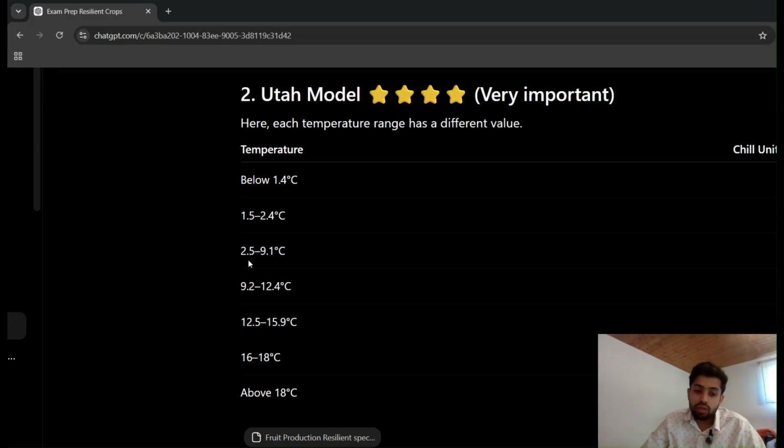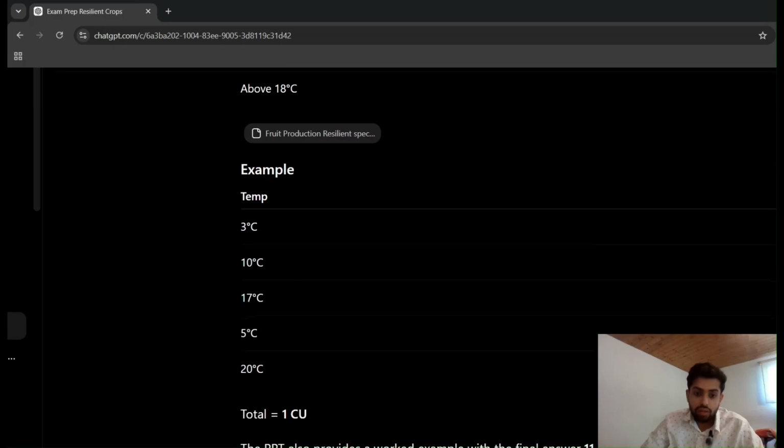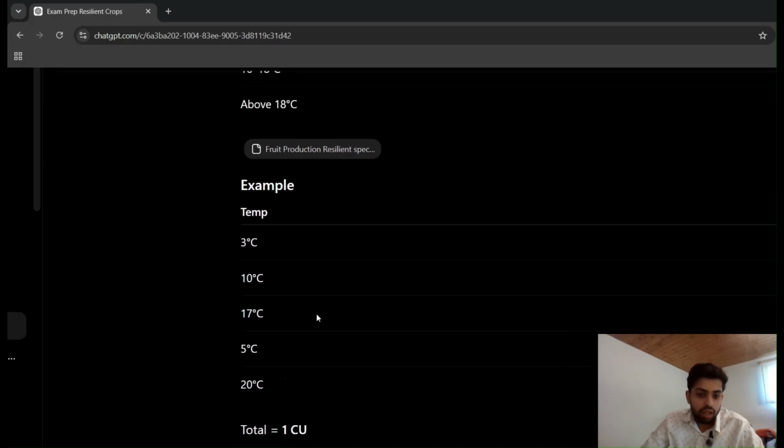If it is 2.5 to 9.1, it is plus 1. If it is 9.2 to 12.4, it is plus 0.5, otherwise 0. If it is more than 16, it is minus 0.5, and above 18 degrees Celsius, it is minus 1.